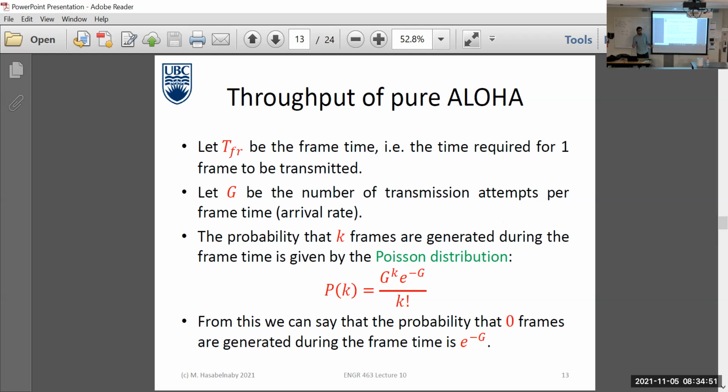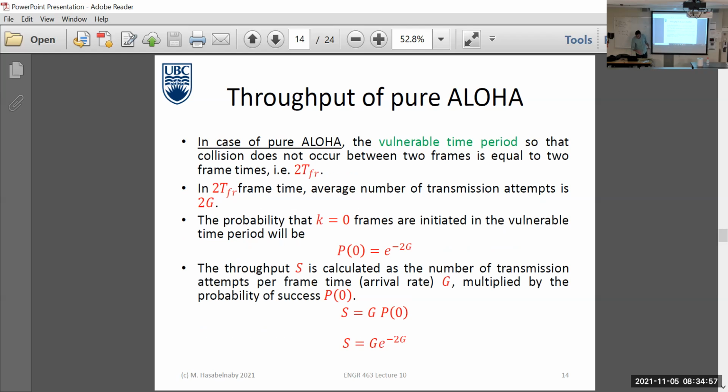So my load must equal 2G, and the probability of success, instead of e minus G, must be e minus 2G. Why e minus 2G? Because the vulnerable time in pure ALOHA equals 2 frame transmission times. So if I have load G for 1 TF, for 2 TF the load must be 2G. This is a linear relation, so the probability of success must be e minus 2G.